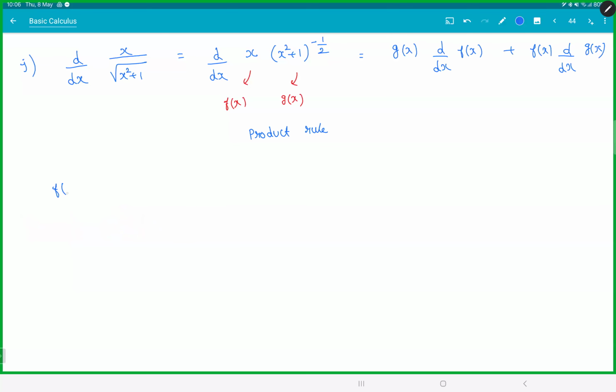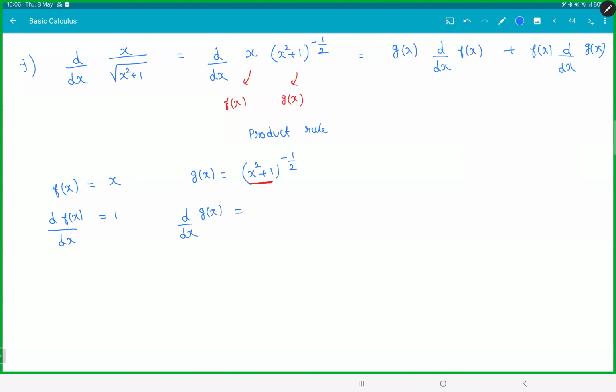So for simplicity, I'll just write them separately. So f of x is x. So if I differentiate this, I get 1. G of x is x square plus 1 whole power minus half. If you differentiate this, now see, look at this thing. This is looking like something to the power of minus half.